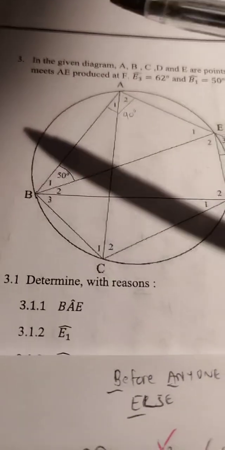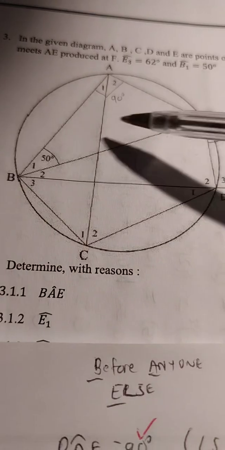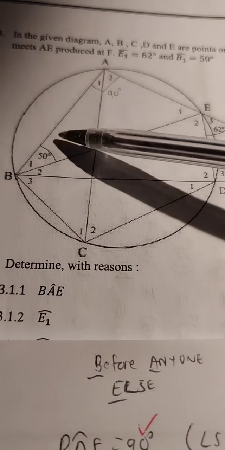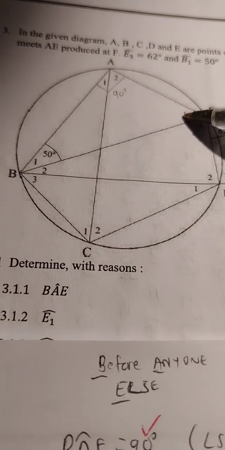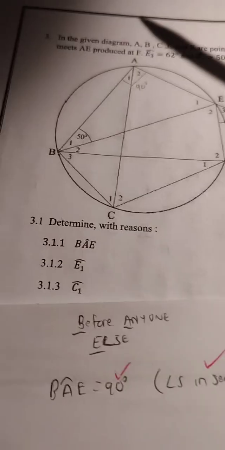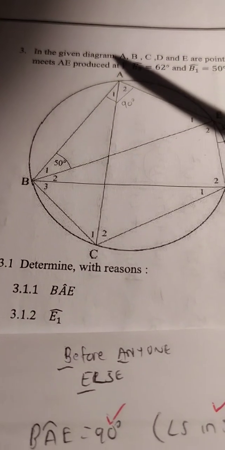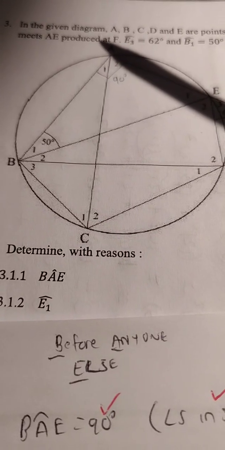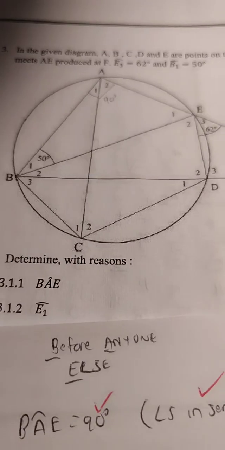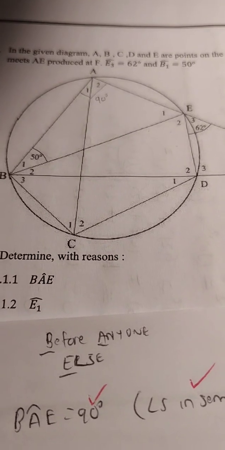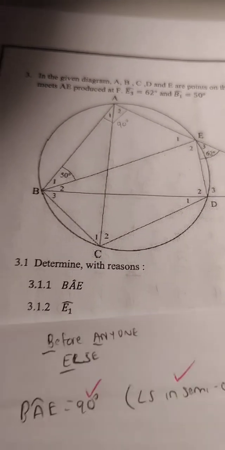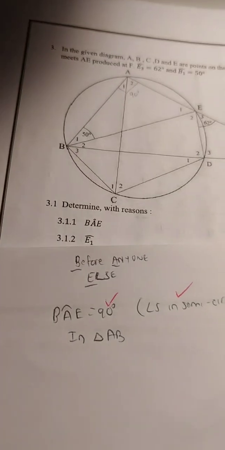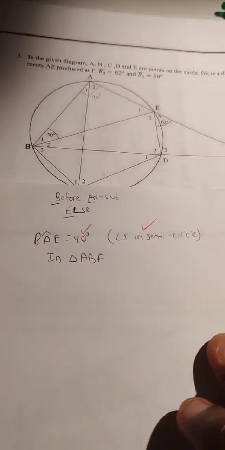Angle A plus angle E plus angle B1. So that's 50. Okay, sum of angles in a triangle. I think we got it there. It's always nice to identify the triangle you are working with, in triangle ABE.